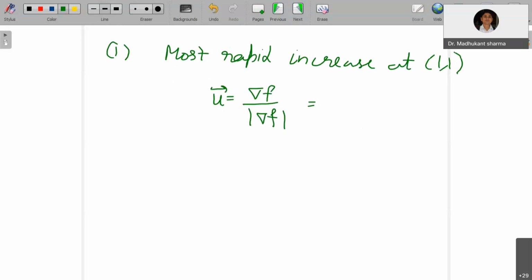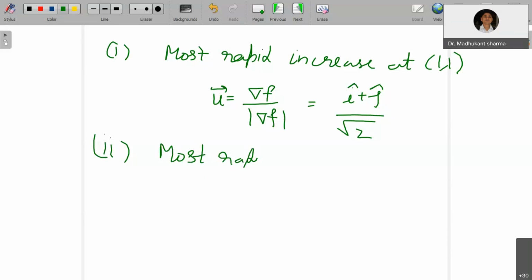Okay, so that's going to be (i + j) divided by square root of 2. Similarly, you have the answer for the most rapid decrease. The most rapid decrease at (1, 1) is going to be, so this is all at the point p naught.